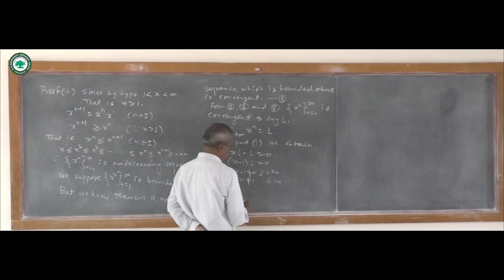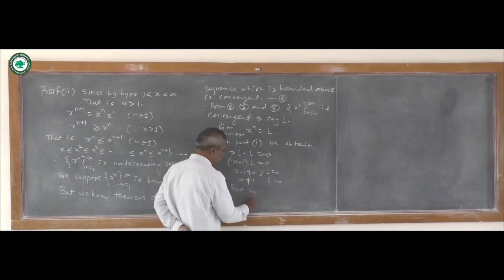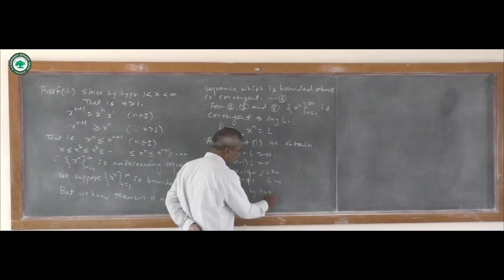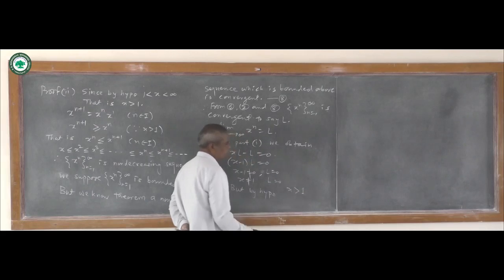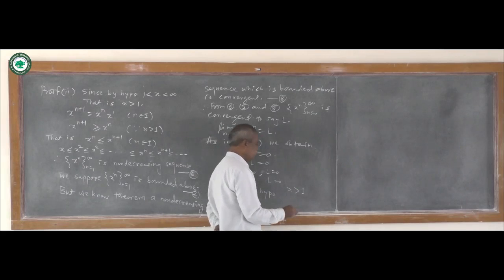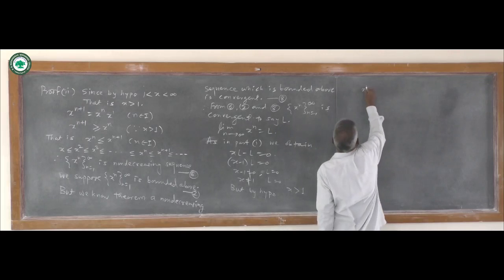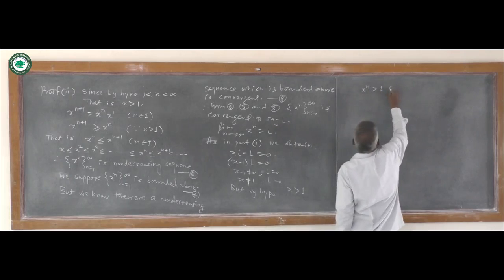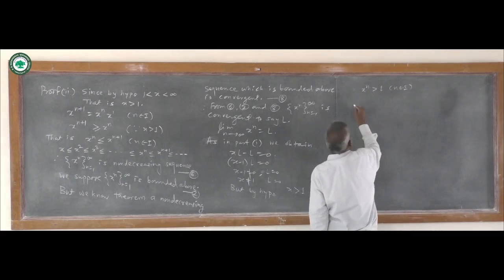But x, by hypothesis, is strictly greater than 1, therefore x raised to n is greater than 1 for every positive integer n.